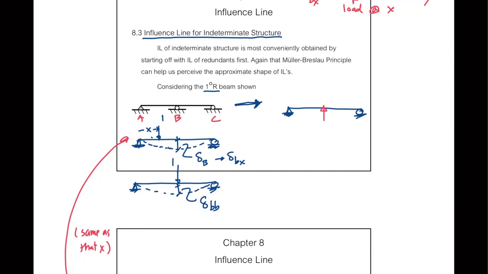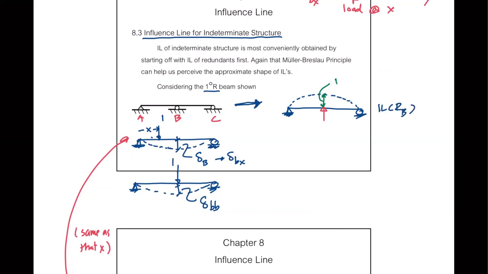Because you have the two supports intact, the deflected shape will look just like the deformed shape of a simple beam, like that. Do you have the same as mine? And the magnitude here would have to be equal to 1. So at least we know the shape of the influence line of RB, right?